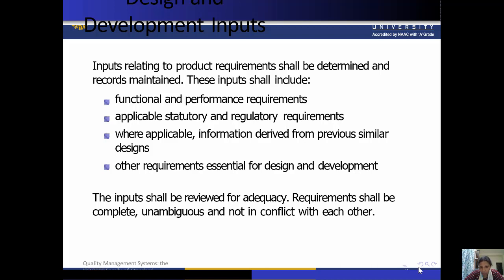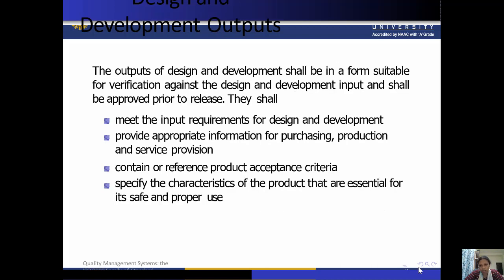The inputs shall be reviewed for adequacy. Requirements shall be complete, unambiguous, and not in conflict with each other.